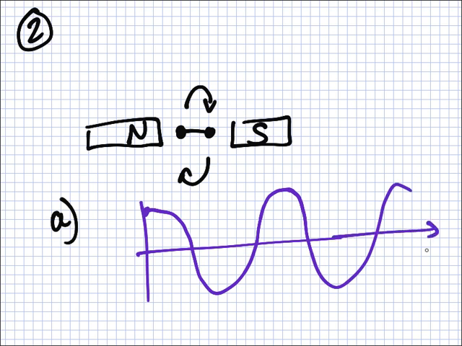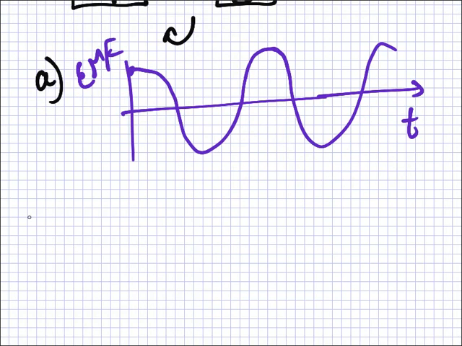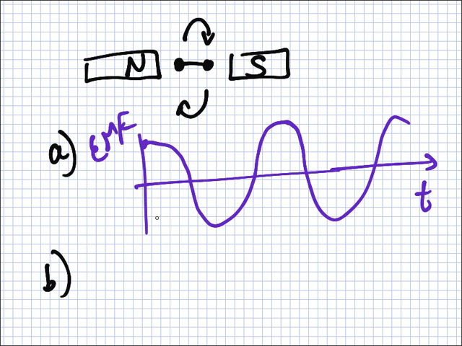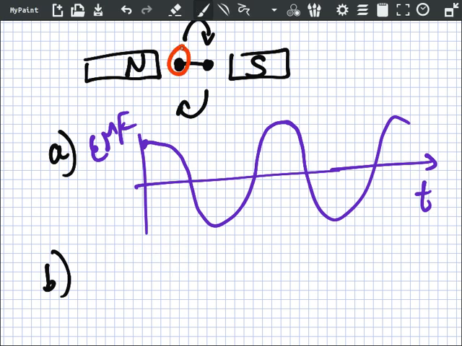B. The coil is connected to an external load. In which direction would a conventional current flow when the coil is in the position shown in the diagram? Right hand rule. Let me see. Force is up. Current is flowing in here, going in here and out here.